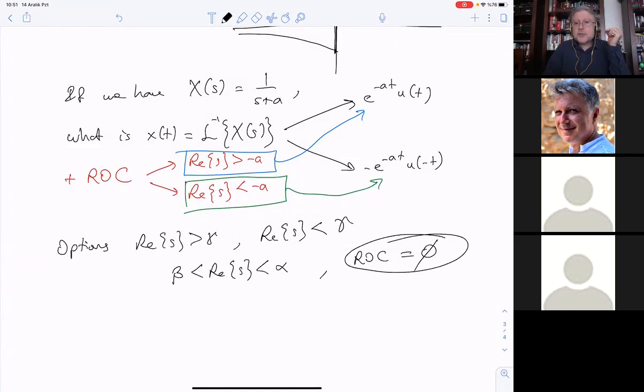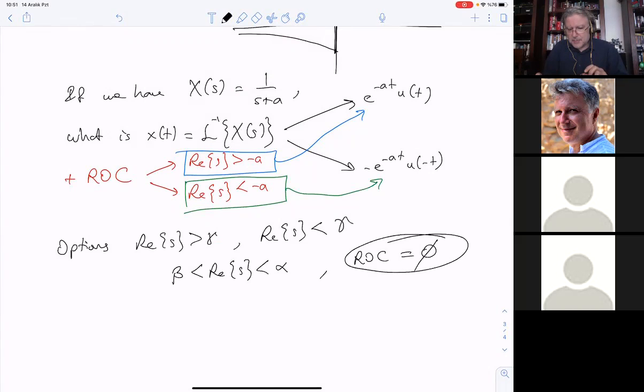We found the regions of convergence for the first two examples by looking at how the integral converges, for which range of real part of s, for which range of sigma values do we have a convergent integral, but we cannot do it every time.